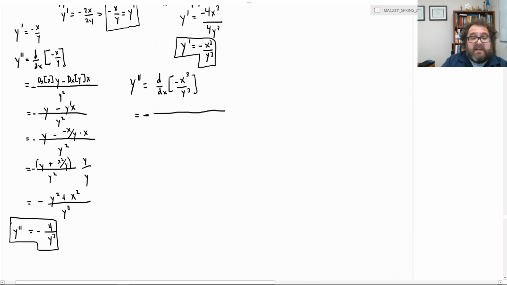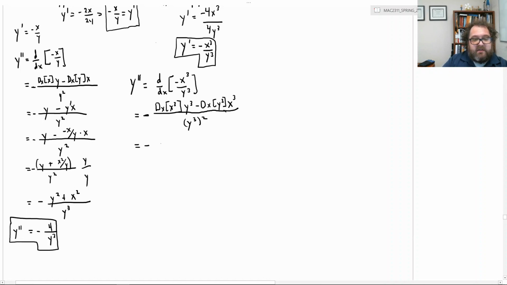According to the quotient rule, we take the derivative of the top function, which is x cubed, and we multiply by the plain bottom function, and then we subtract off the derivative with respect to x of the bottom function times the plain top function, over the bottom function squared. So y cubed squared.